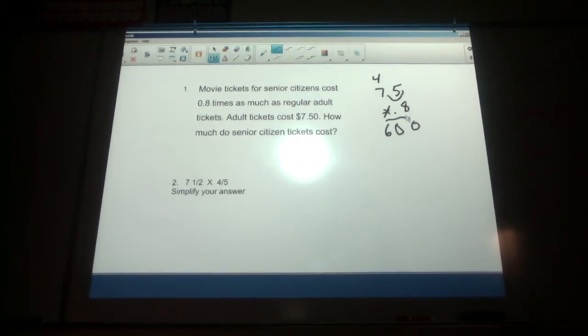There's one right here and one right here. That's 2 places. So we start at the very end and we move it 1, 2 spots. We know our answer is $6. And the dollar sign goes in front of the 6, not after. Okay?